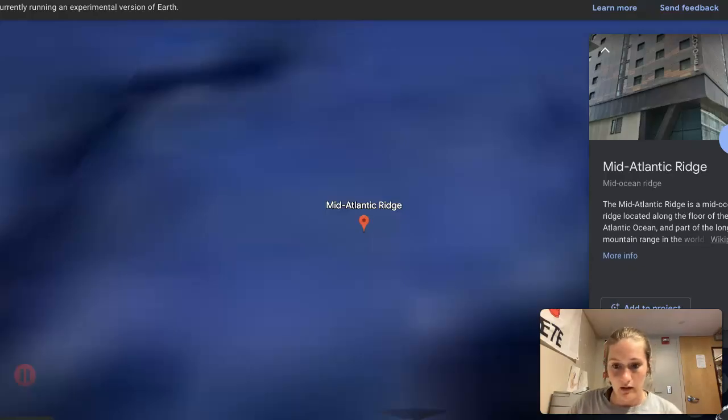And the Mid Atlantic Ridge has an average spreading rate of about 2.5 centimeters per year, which literally means that every year the gap in the ridge just gets bigger by 2.5 centimeters.